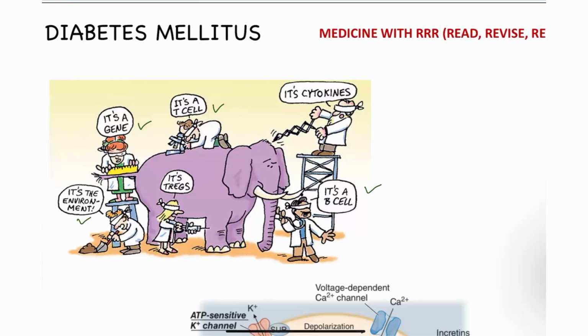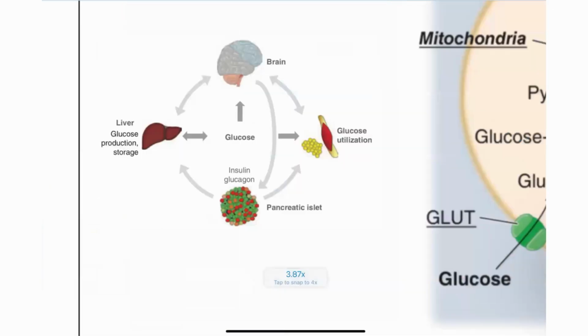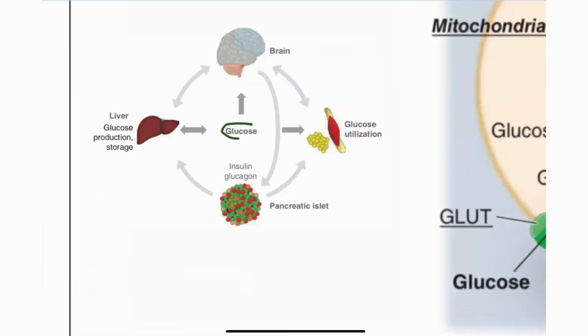Before that, we have to understand the normal mechanism. When you take food, it releases glucose into our body. Once it reaches the liver, the liver is going to produce glucose and store glucose, and this cycle continues.